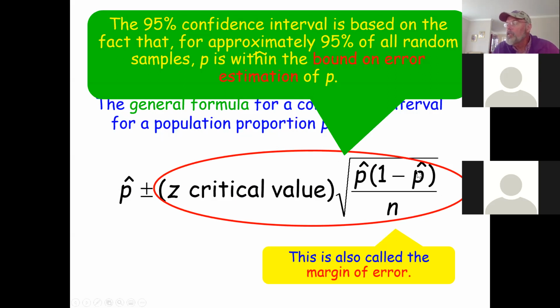Okay, so the book uses this complicated phrase, bound on error estimation. I really don't like that. We're going to use the words margin of error, okay? So the critical Z times the standard error is going to give us the margin of error.